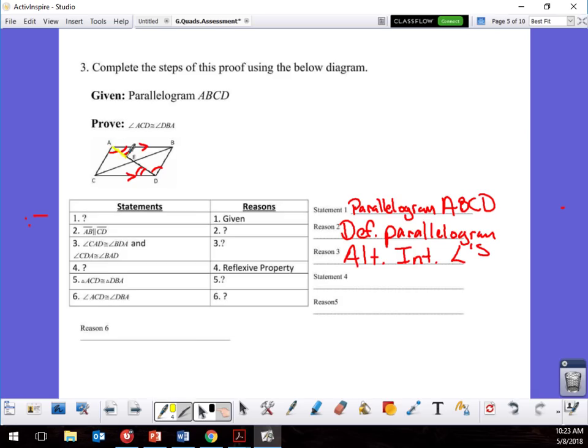So I'm dealing with this triangle and this triangle here. Is that easier to see now? Okay, so now my statement is AD congruent to AD.